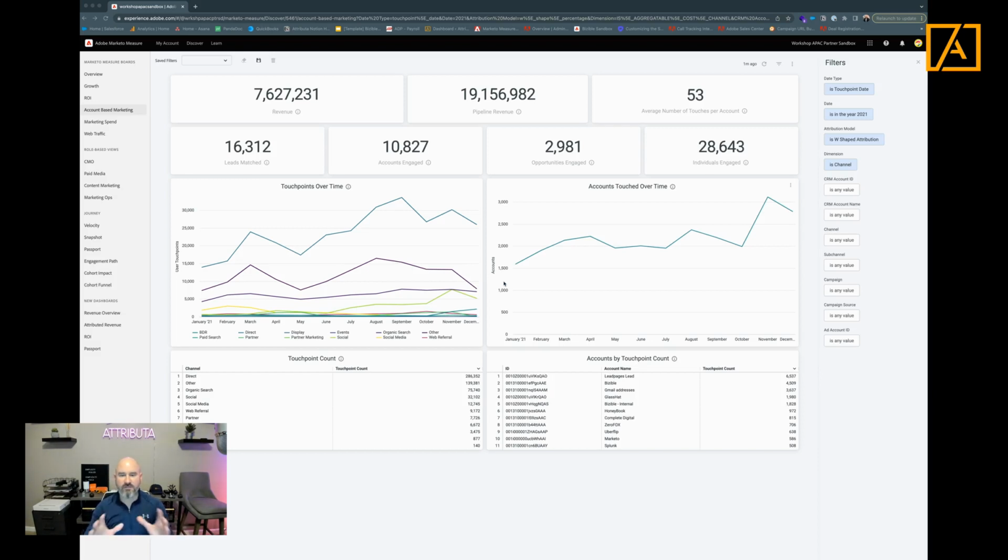So first off, before we actually dive into any of the data points that you're seeing on the screen here, I want to talk about how Marketo Measure does the back end side of account-based tracking. It starts this process by matching leads to accounts. If you're not already converting all leads to accounts in Salesforce, Marketo Measure will be matching leads to accounts.